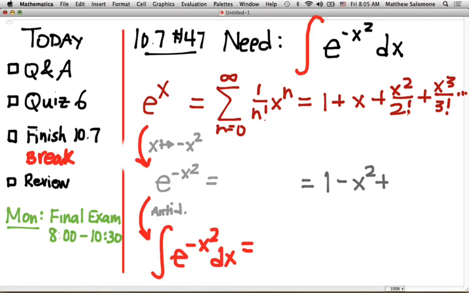X squared is going to become minus x squared, the quantity squared, which is positive x to the 4th over 2 factorial. X to the 3rd is going to become minus x squared, the quantity to the 3rd, which is minus x to the 6th over 3 factorial. So there are the first few terms of e to the minus x squared's Maclaurin series. How do I find its general term?